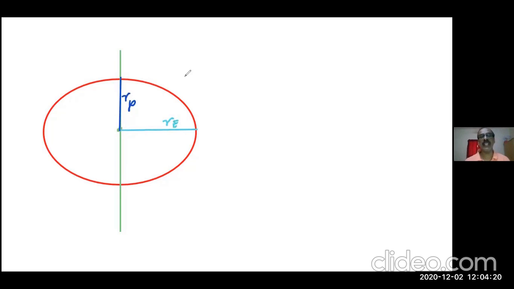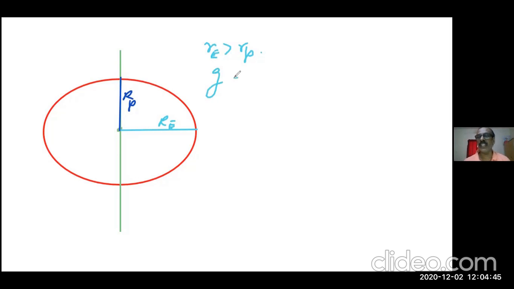Capital R, because it is a radius. This is RP and this is RE. So here RE is greater than RP.